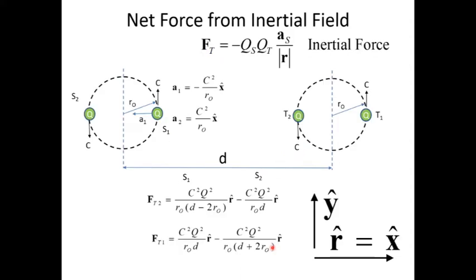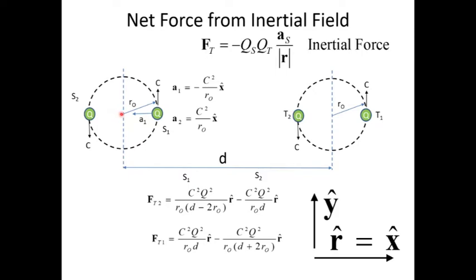So let's start off. We're going to take the inertial field model, and we're going to compute the net force on the target second order system of protons, the target electron, from a source electron, which again is a second order system of protons. And what you have here is source proton 1, source proton 2, target proton 1, target proton 2.